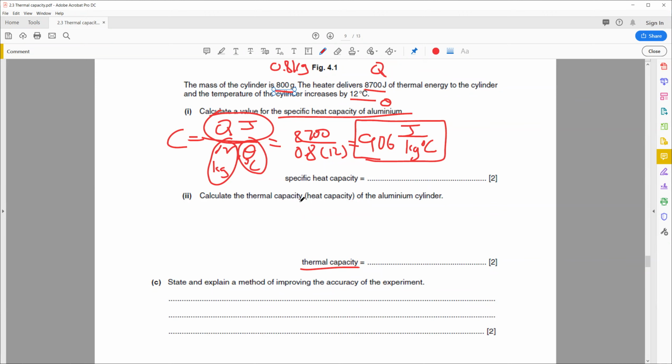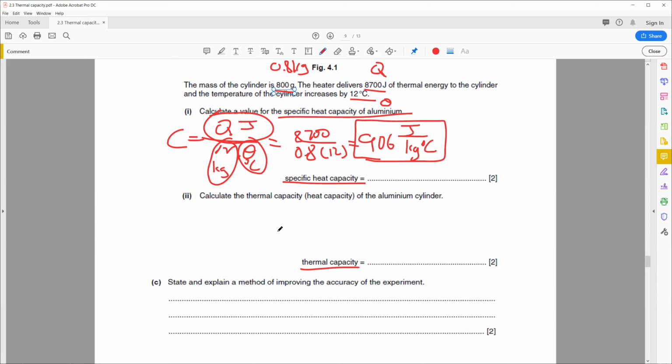I think that specific heat capacity is the amount of heat energy needed to increase 1 kg of substance by 1 degree Celsius. That's specific heat capacity. Yes, and then thermal capacity, I'm not sure.